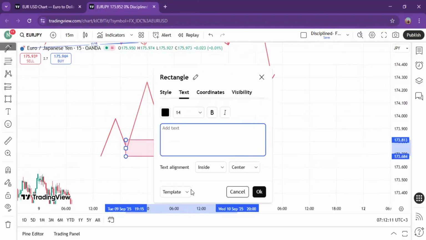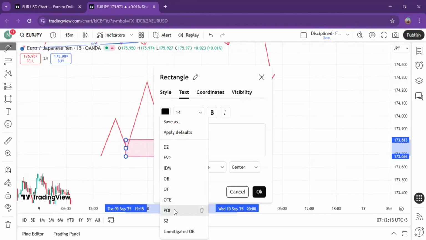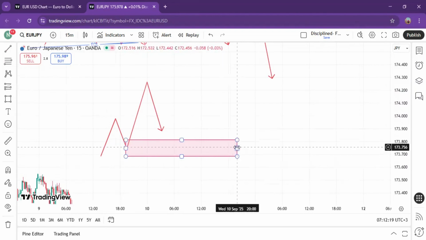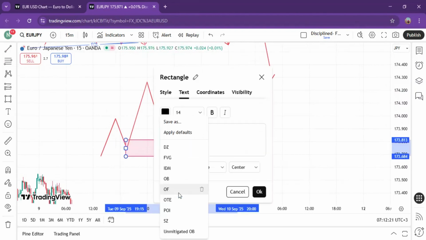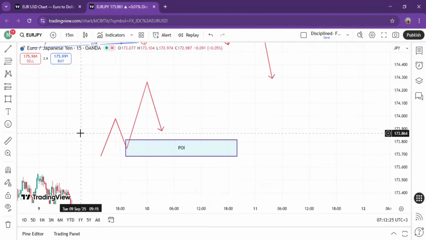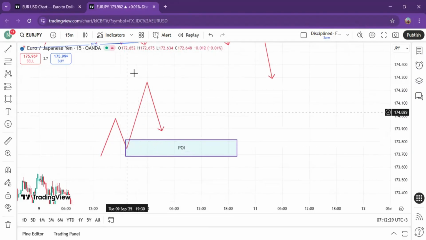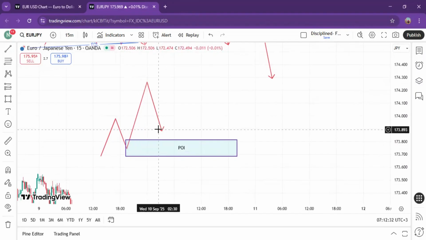So this is our point of interest. You see that the market usually retests, and when the market comes here, it creates something that we call the sell side liquidity. So what is sell side liquidity?